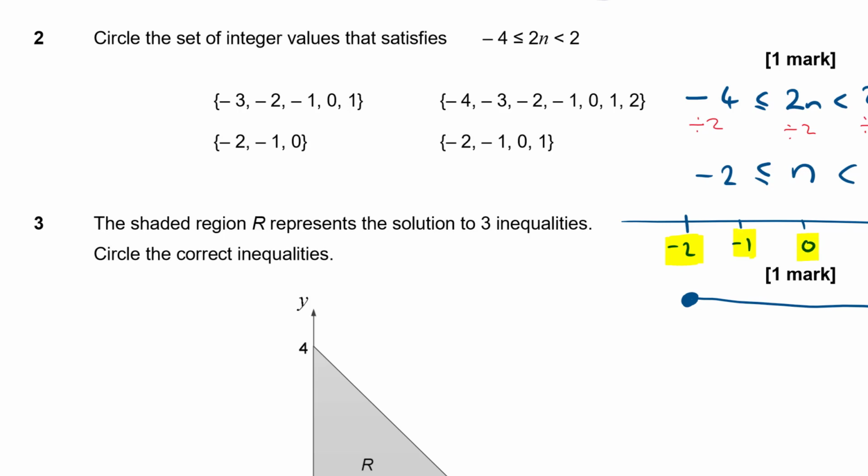Any of the numbers in between will be. The other end of the limit, 1, is not part of my inequality solutions because my value can't actually be equal to 1. So the set of values that satisfy that inequality are these ones here, -2, -1 and 0.